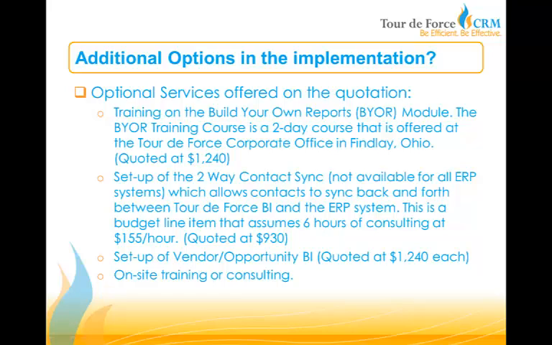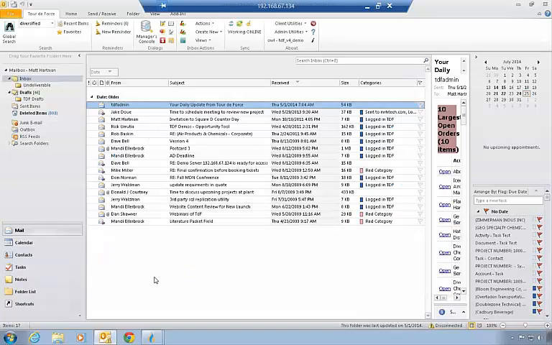So with that, I want to dive into a live demonstration and show you a little bit of these features I've been talking about. Much like our core application, Tour de Force BI is still going to be launched within the core framework of Outlook. You don't have to run Tour de Force BI in Outlook. You can have an icon on your desktop.